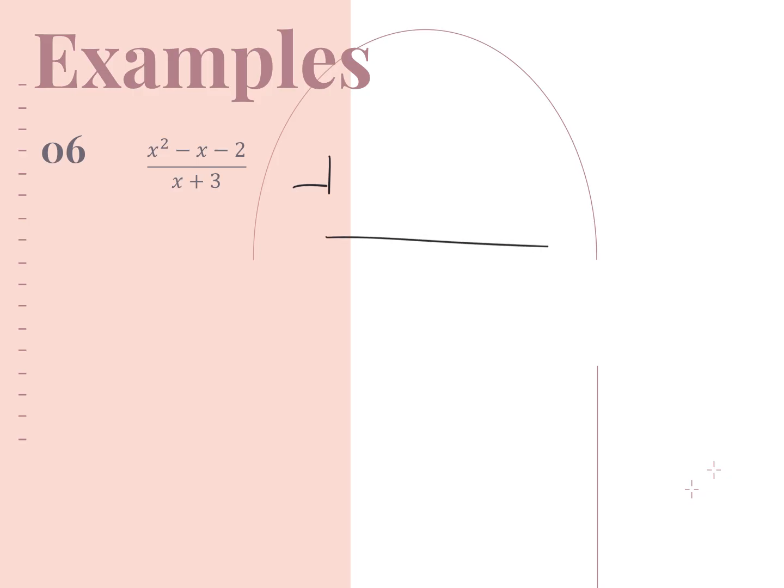In this box goes your C value. So this is going to be x minus negative 3, which means in this little box should go a negative 3. Again, you just do the opposite of the sign that you see. And then up here are going to go the coefficients of our dividend.